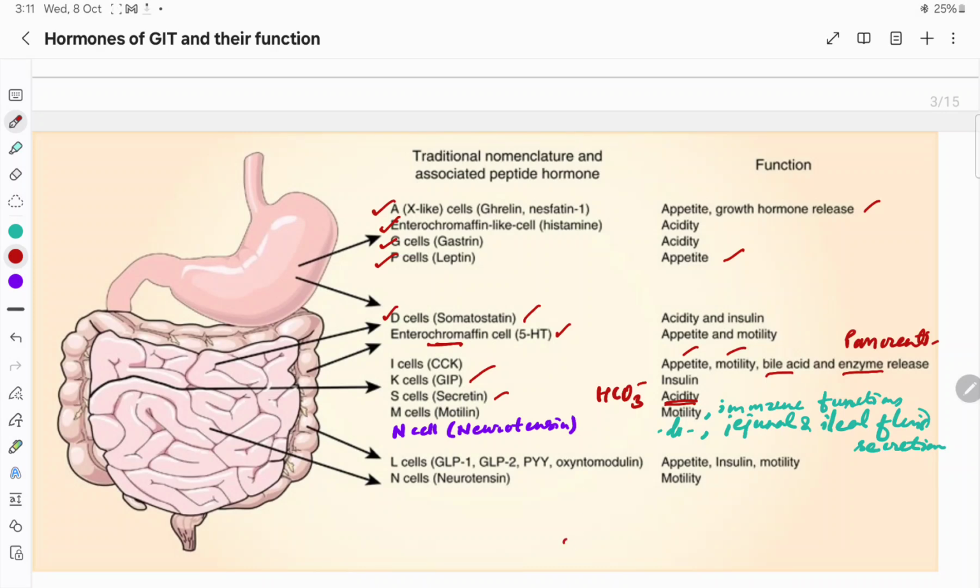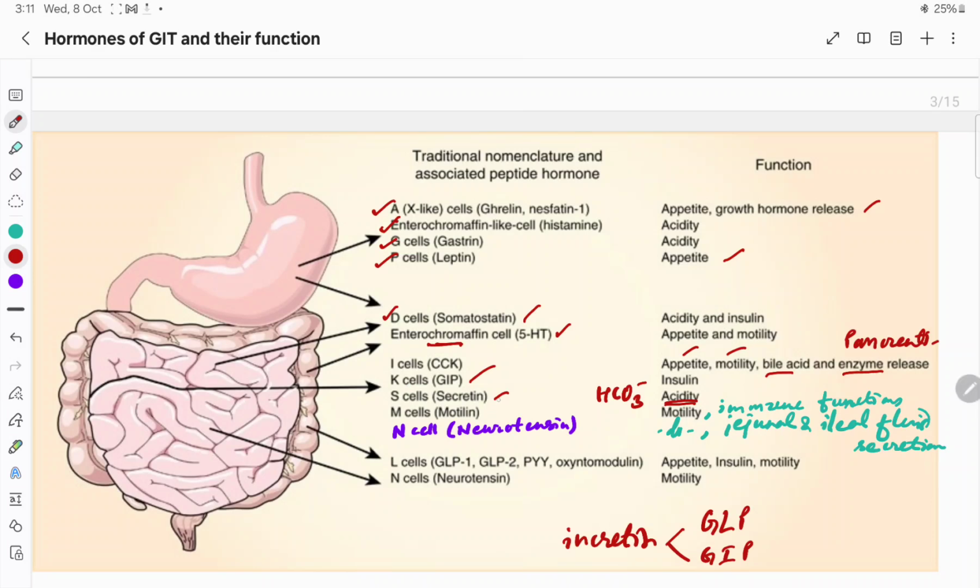The incretins are hormones. There are two types of incretins. One is glucagon-like peptide, and the other is gastric inhibitory peptide. Gastric inhibitory peptide is secreted by the K cells of the small intestine, and the K cells are located in the duodenum and jejunum of the small intestine.